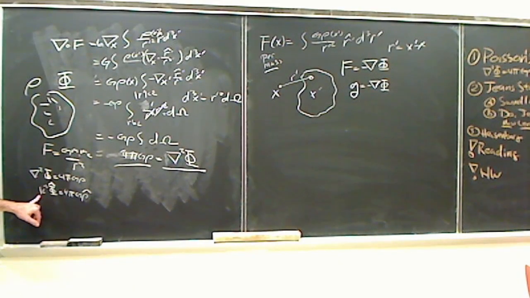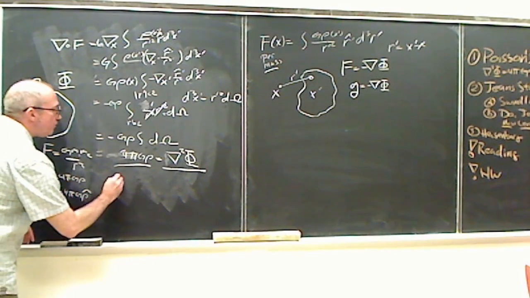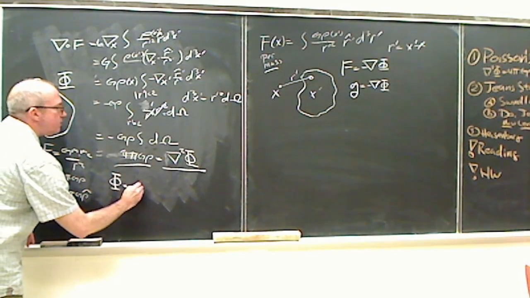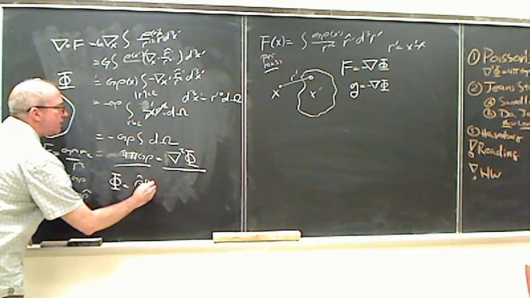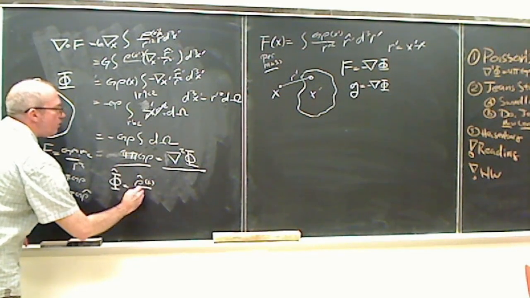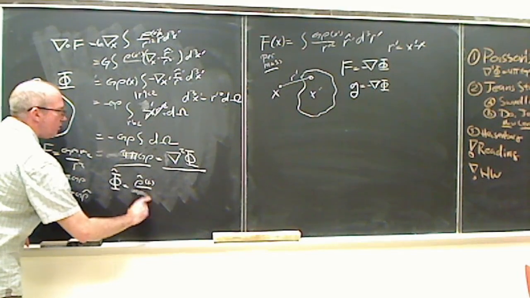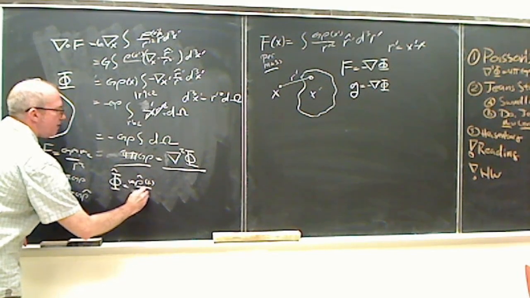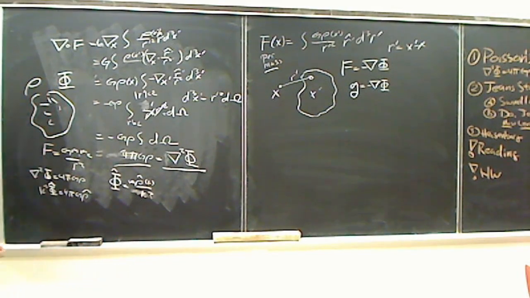And k is just a number. So then my potential phi hat is just equal to 4 pi G rho hat over k squared. And then I'm done.